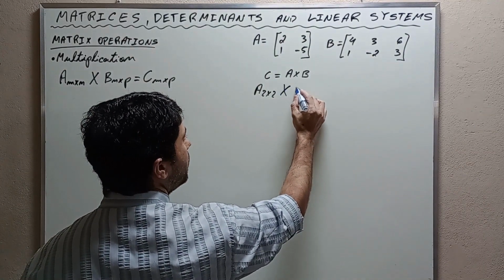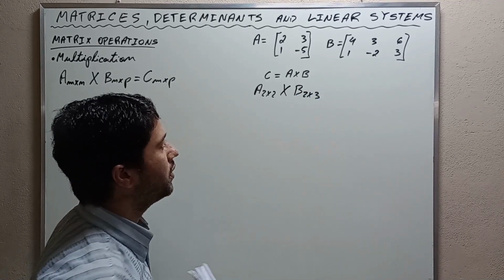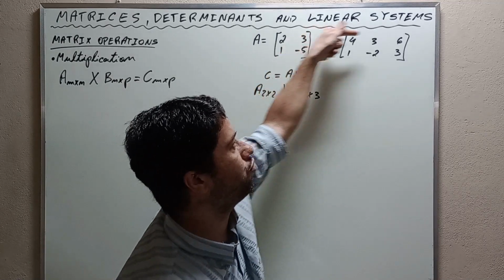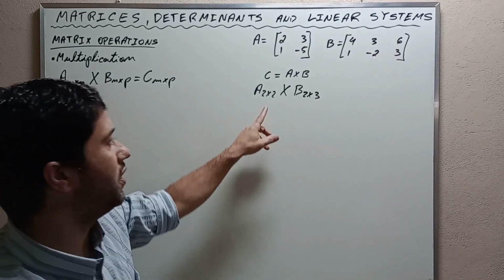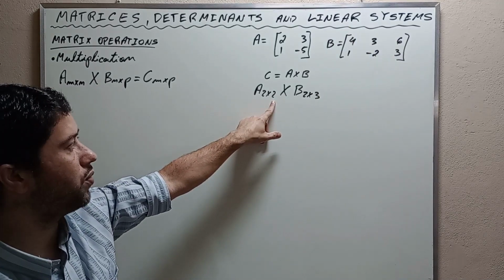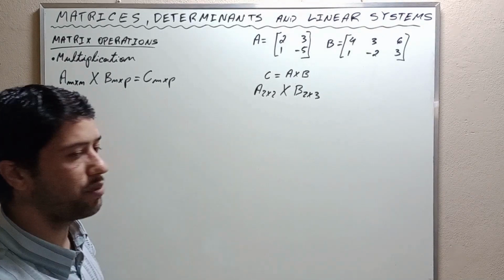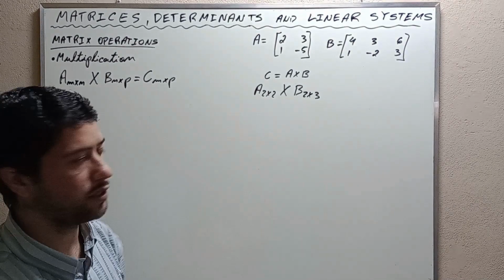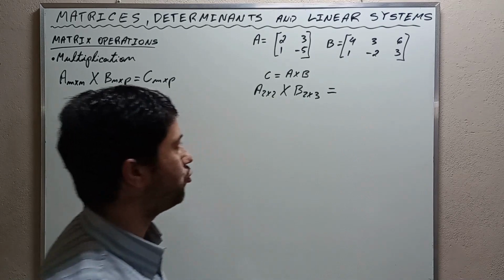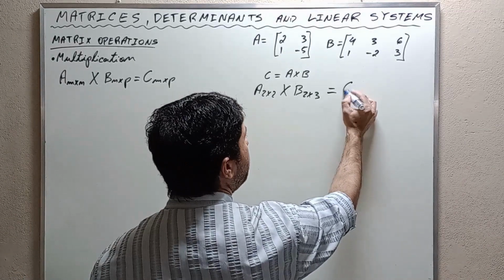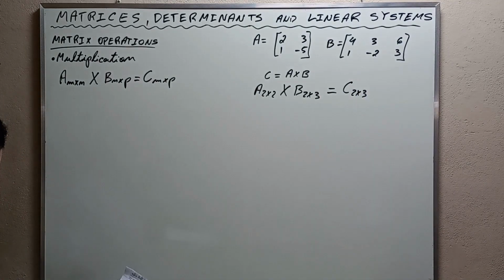Multiplying matrix B, which is a 2 by 3 matrix, can you see that matrix B has 2 rows and 3 columns? As the number of columns of the first matrix is equal to the number of rows of the second matrix, they can be multiplied in this order, and the matrix C will be a 2 by 3 matrix. Okay?